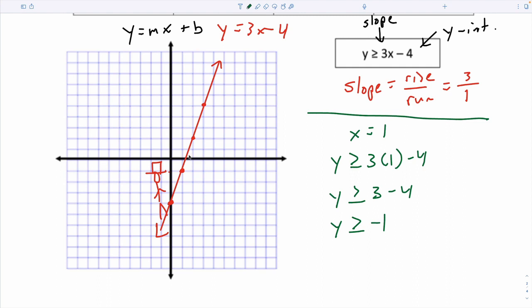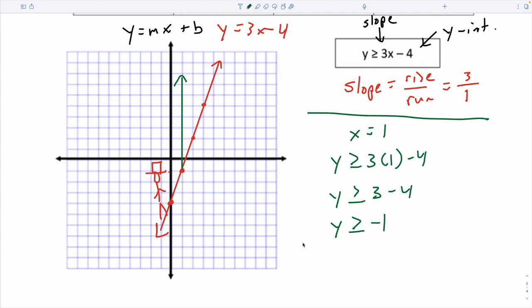When x is 1, y has to be greater than or equal to negative 1. So all of these values for y when x is 1 have to be greater than negative 1. So everything up here could work.